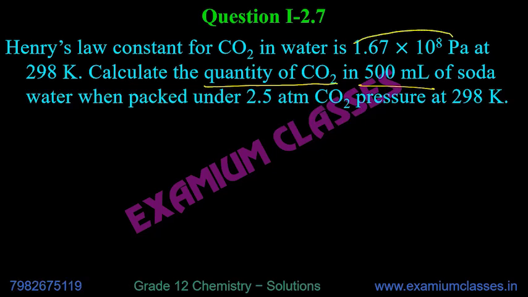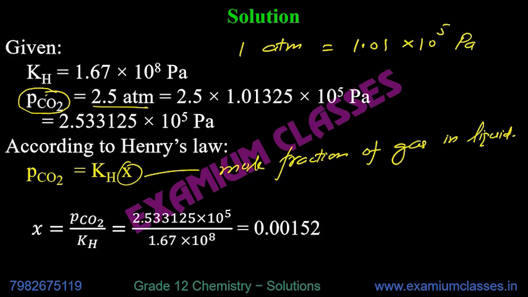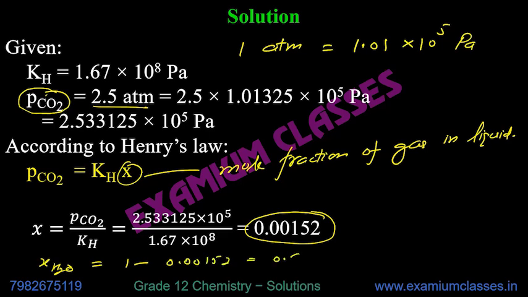The Henry's law constant is 1.67 into 10 power 8 Pascal, means this amount X is 0.00152, means X_H2O will be 1 minus 0.00152, that is 0.998 something. So as compared to the mole fraction of water, the mole fraction of carbon dioxide, X_CO2, is negligible.